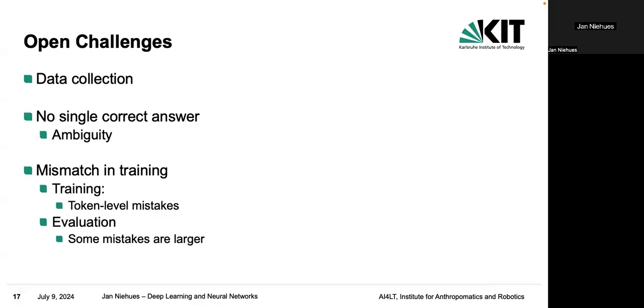Furthermore, there's an additional mismatch: training, as I said, you're saying this is the right token and the others are wrong. And all the errors are equally important or equally bad, while, of course, when you're evaluating, some mistakes are bigger and some are less big. So if you're adding a "not" in there, that's quite a big mistake because it's completely changing the meaning of your sentence.